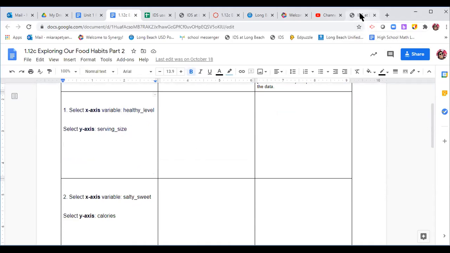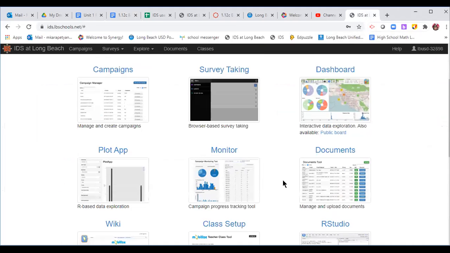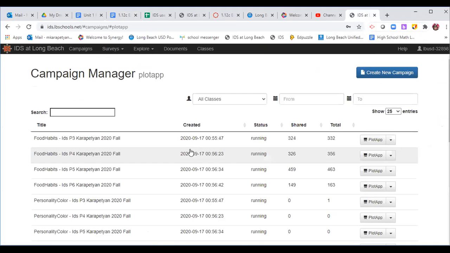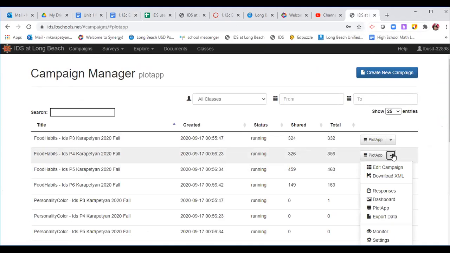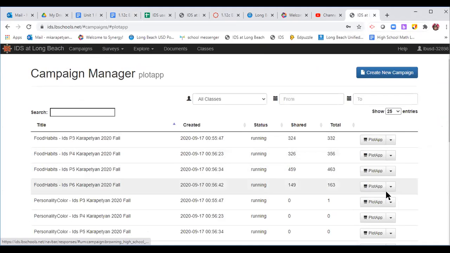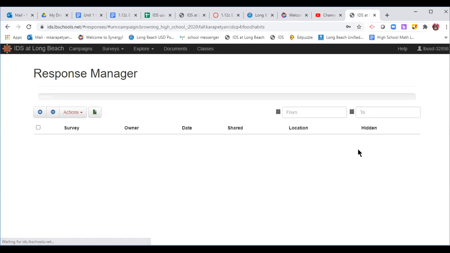Okay, so when we come over to our IDS, we're going to click on our plot app again, right here. Okay, and from the plot app, let's make sure, let's see, we have 256 total, 326. So I'm going to go to responses here.